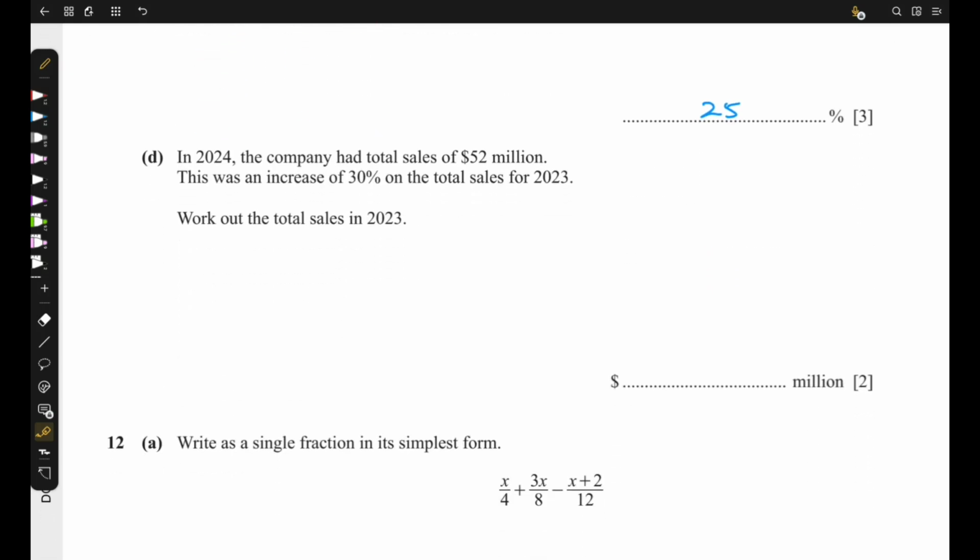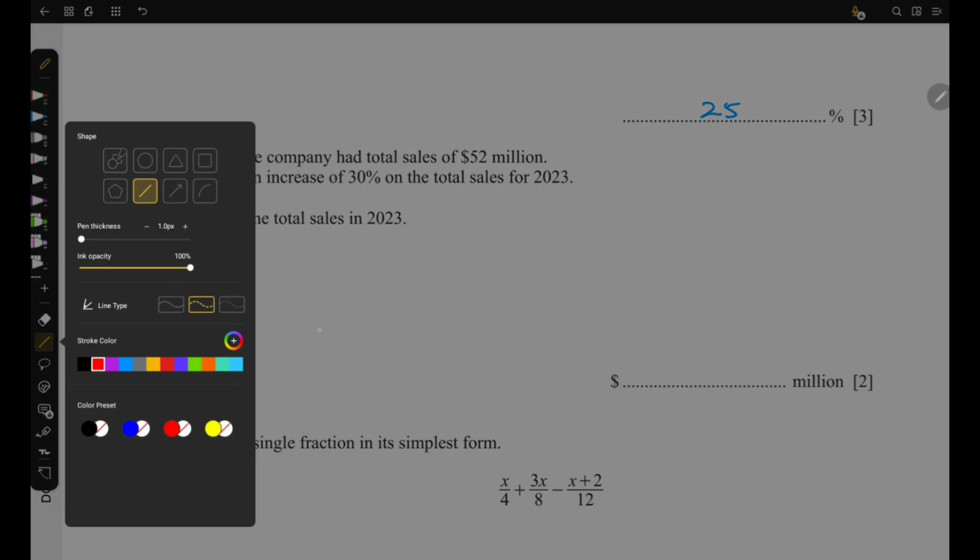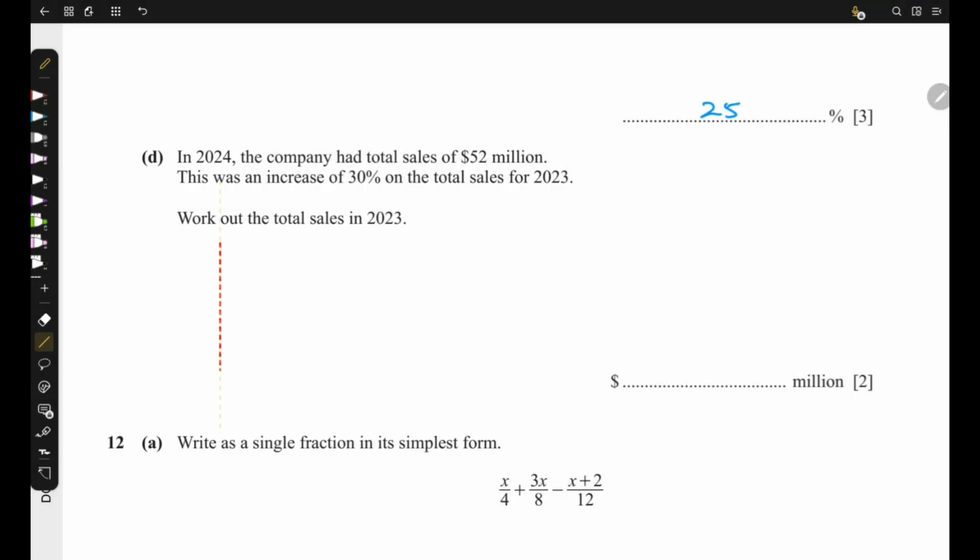Last part of this question number 11, part D. In 2024, the company had total sales of $52 million. This was an increase of 30% on the total sales for 2023. Work out the total sales in 2023. So this question is related to reverse percentage. And in reverse percentage, I recommend to use the rates method.